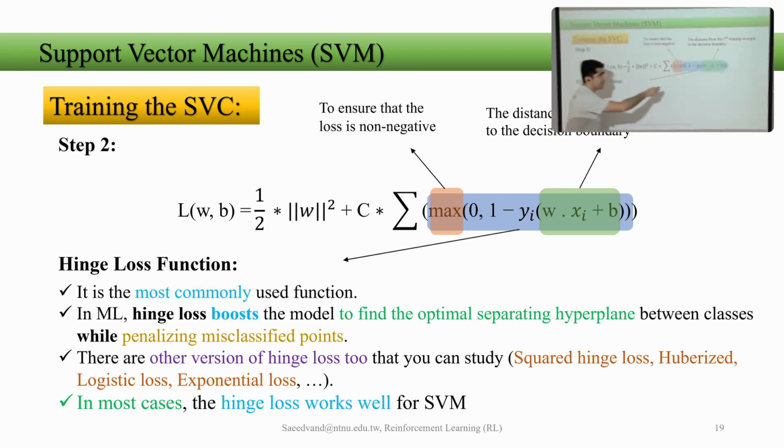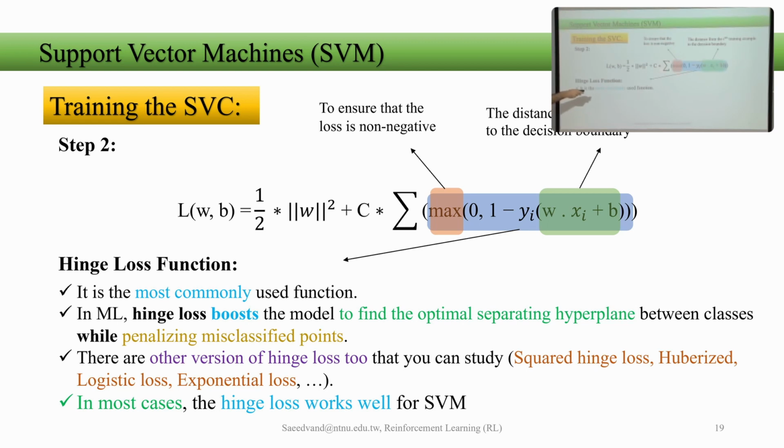If we want to declare this whole part over here, maybe it's a little bit complicated, but let me break it down. We call it the Hinge loss function. This is famous in machine learning, that equation over here can be declared as the Hinge loss function. It is commonly used in SVC or SVM algorithms.